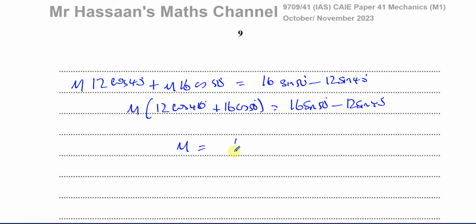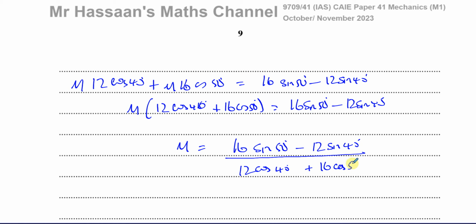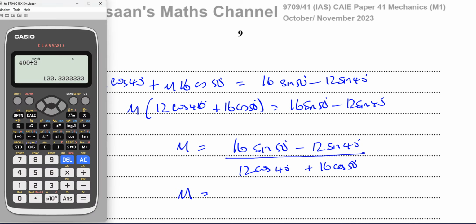So mu is going to be 16 sine 50 minus 12 sine 40 over 12 cosine 40 plus 16 cosine 50. So that should give us our value of mu.